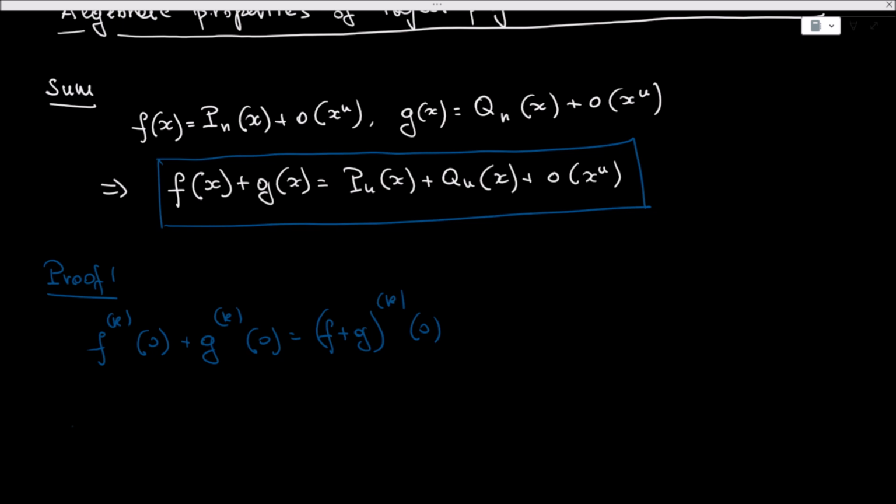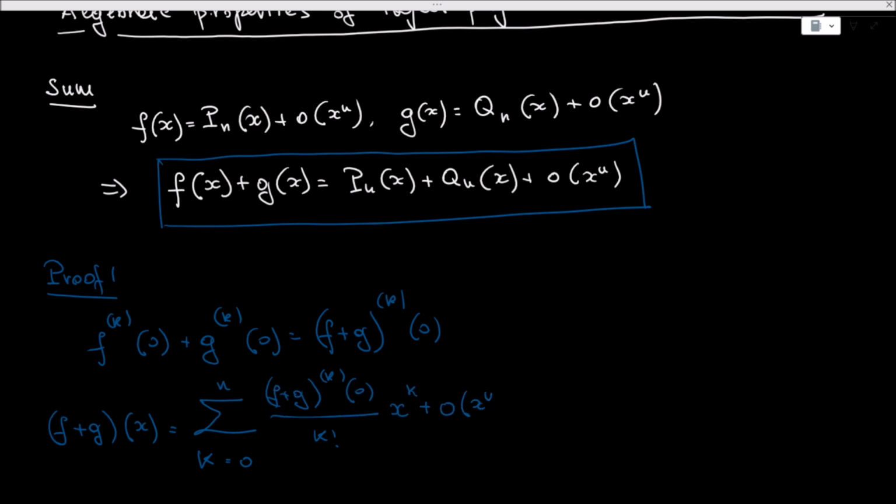So when we try to expand f plus g evaluated at x, by just applying the definition of Taylor polynomial, it is going to be the sum for k from 0 to n of the derivative of order k of f plus g evaluated at 0, divided by k factorial, times x to the k, plus little o of x to the n.